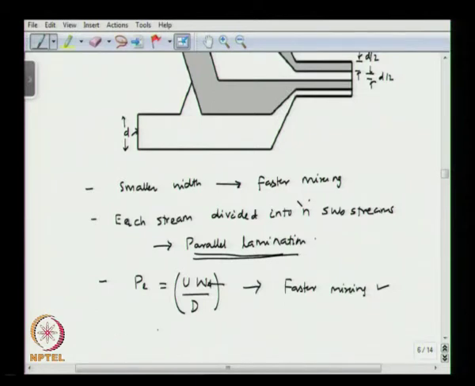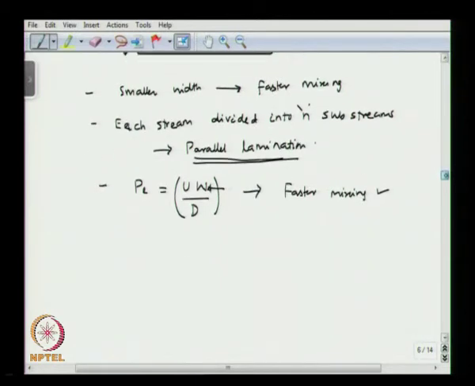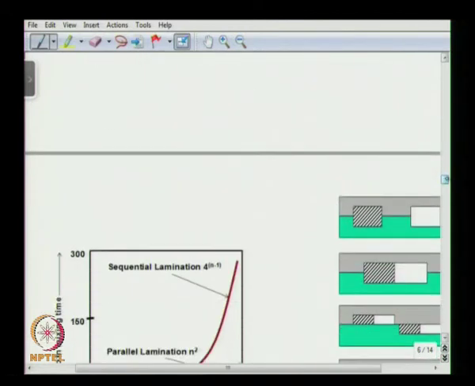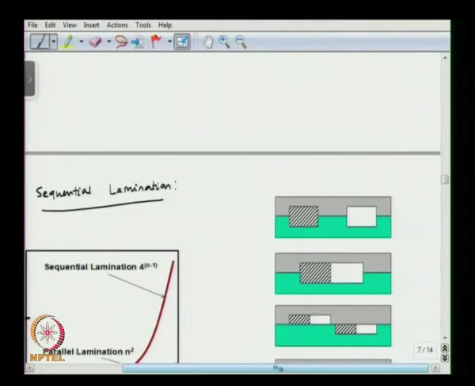So, now let us talk about sequential lamination. In parallel lamination we talk about two streams which are trying to mix. We divide each stream into n different parts and allow these n different parts of fluid 1 to mix with n different parts of fluid 2 separately, and then bring them back together.